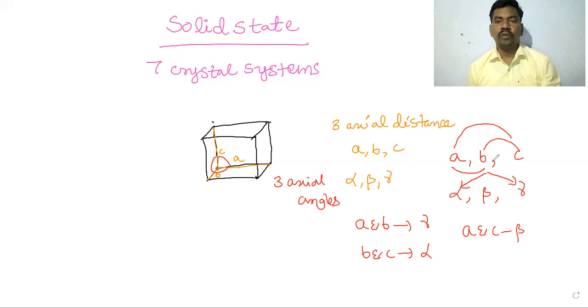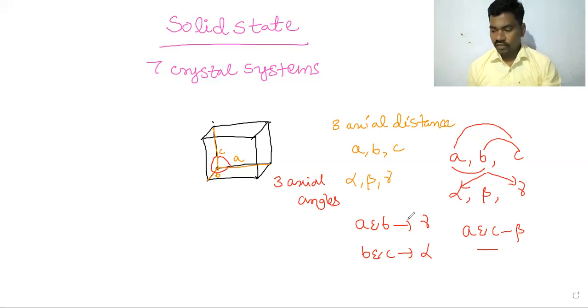So you remember that the angle between A, B is gamma, you skip these two. Then the angle between B, C is alpha, then you skip these two. Then the angle between A, C is beta. Okay, these are the axial angles between A, B and C.